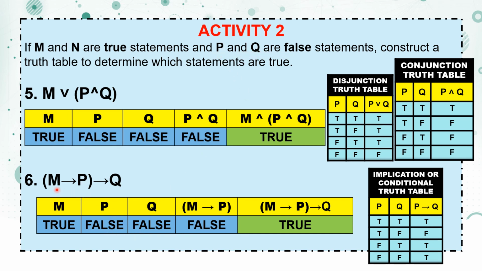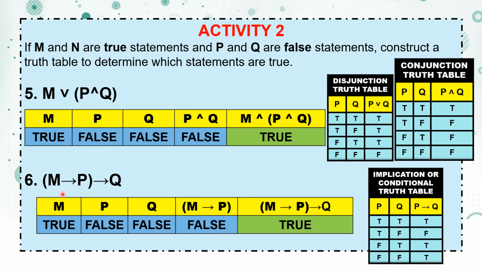Now, let's get first, if M then P. Since if-then is used, it is an implication or conditional. If M is true, then P is false. So, true, false. The answer is false. So, we have here false.